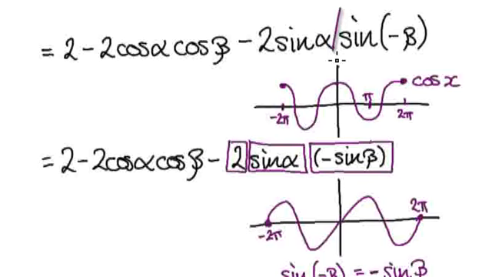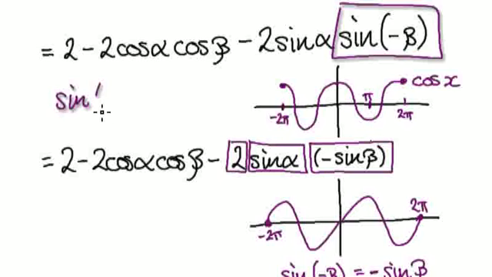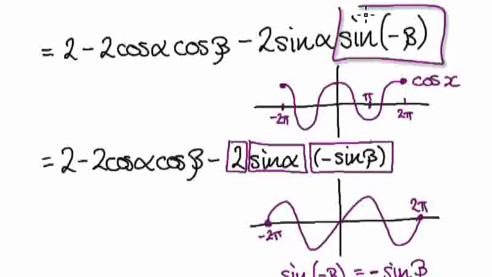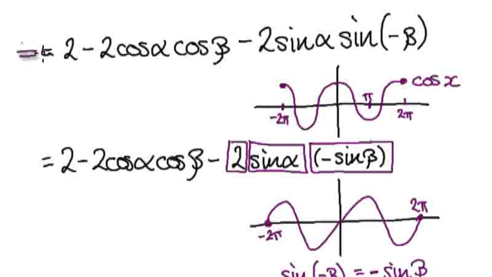Because sine is an odd function, sine of minus beta is the same as just working out sine beta and then sticking a minus in front of it. So this bit here, you can imagine as this. Work out sine beta, so we are currently here.